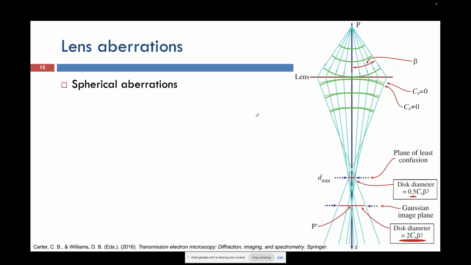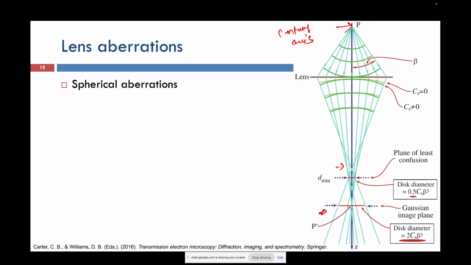Why? Because the electron energy spread and the electron deflection will give a much more distorted image as compared to light optics. So here, spherical aberration means that the rays which are farther from the optic axis, or the central axis if you want to say, okay, so this is the central axis which is going through this black dot. The ray which is going away from the central axis will be focused more strongly, and the rays which are coming close to the central axis will be focused here, right?